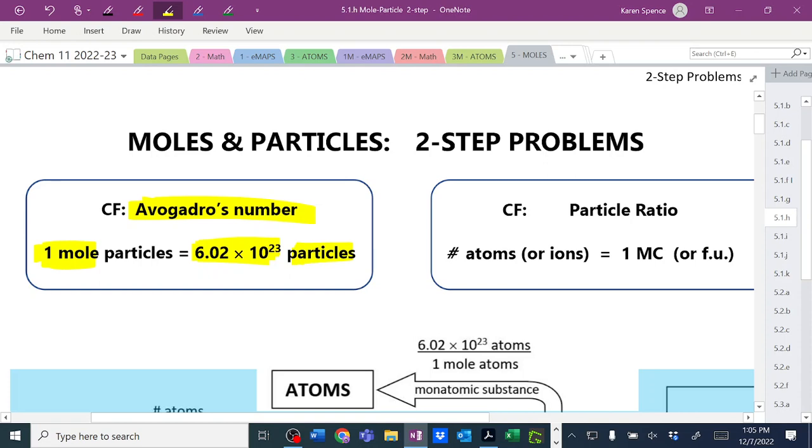And we have now learned that what we've just been doing is called the particle ratio. It's the ratio of atoms to molecules or ions to formula units, and you just count them up. This one you have to count from the formula.